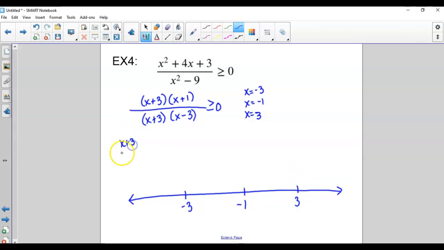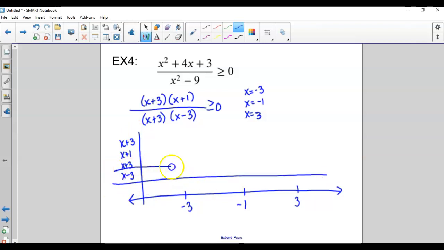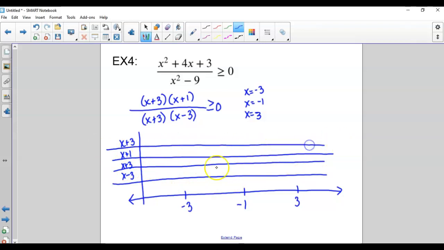So x plus 3, x plus 1, x plus 3, x minus 3, and then, if it's all right with you guys, instead of writing that whole thing, I'm just going to put answer, the total expression. Not like you can protest, you're just watching a video.